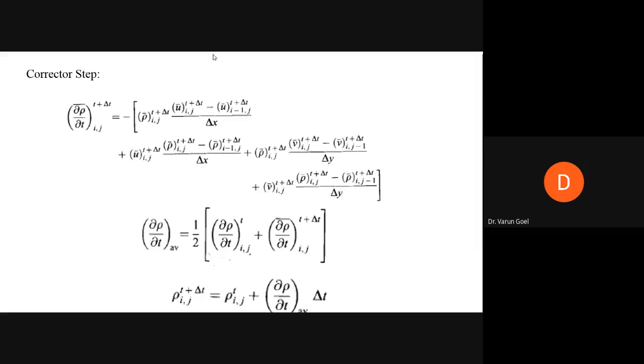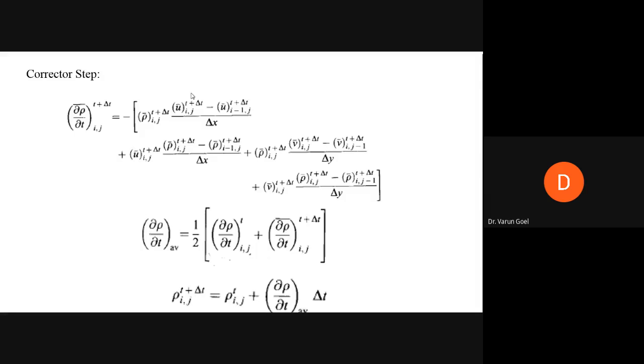But again you observe here that we are using a backward scheme here. Initially we were using the forward scheme, but here we are using the backward scheme. So now we are taking care of both forward and backward. The solution which is available to us will take care of the time as well as the space dimension, that is equal to second order.